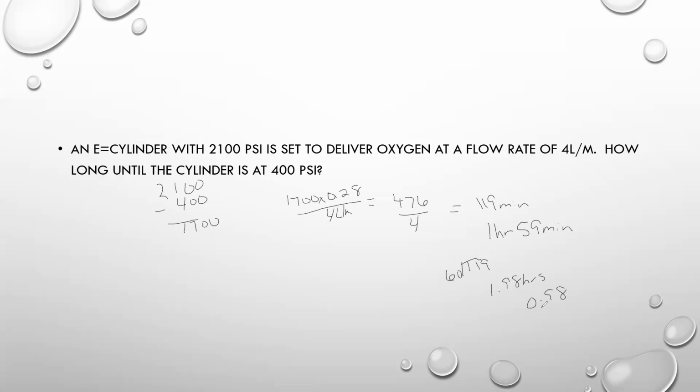You know, this would give you 1 remainder 59. Or take 0.98, multiply that by 60, and that's going to give you 58.8. If you do that, round up to 59 minutes. So 1 hour and 59 minutes would be how you go about calculating this particular cylinder duration calculation.